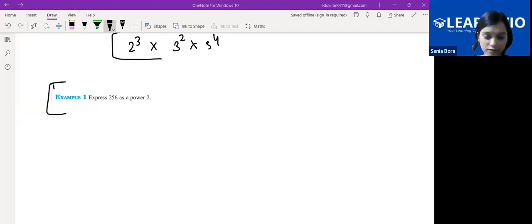Amish, how would you write the answer, like 5 to the power of 7? Like 2 would be the base. Power can be anything. Yes, Aman. Now it's correct. Okay, ma'am.